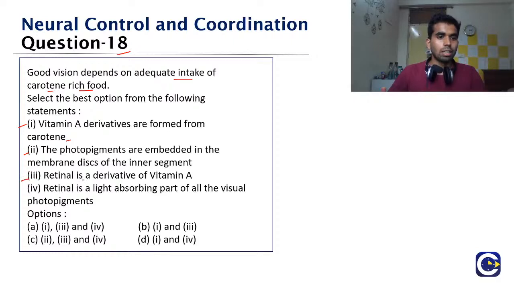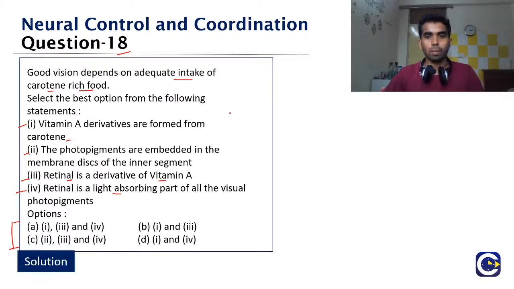Option C: Retinol is always an aldehyde, the derivative of vitamin A. And the fourth statement: retinal is the light absorbing part of all the visual photopigments. You need to tell me which of these statements are correct. So let us see.